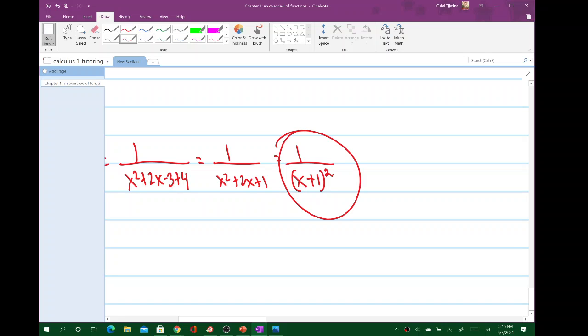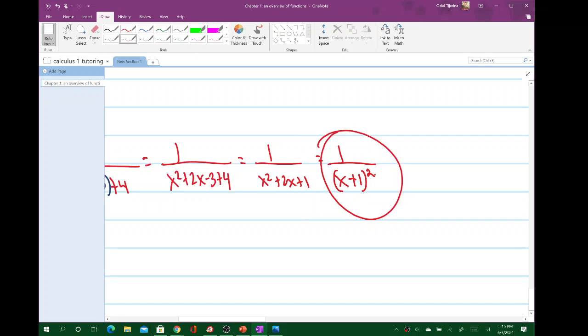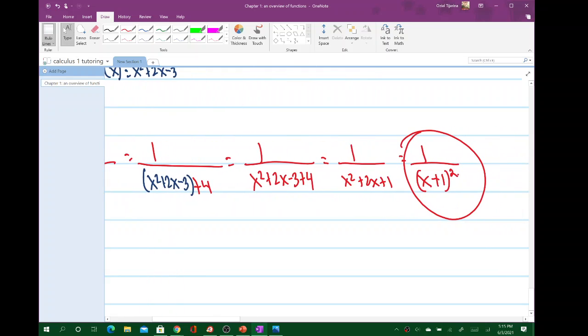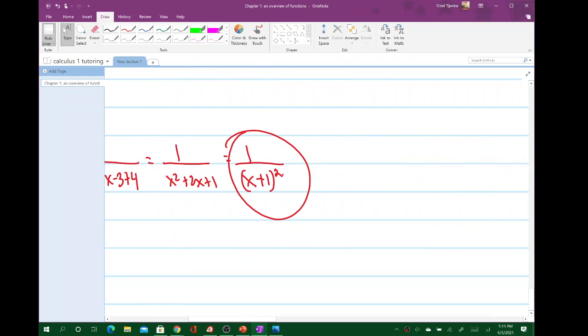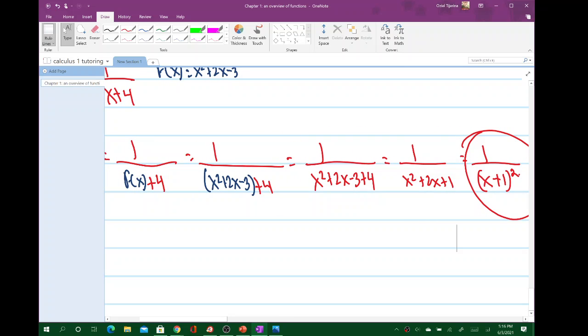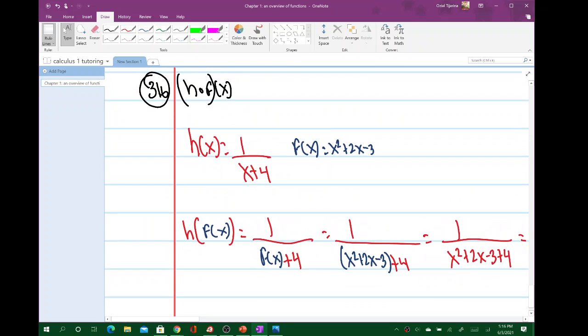At this point in calculus, you're supposed to know how to factor polynomials, okay? Because in reality, you do that a lot in calculus. Okay, so that's what h of f of x is.